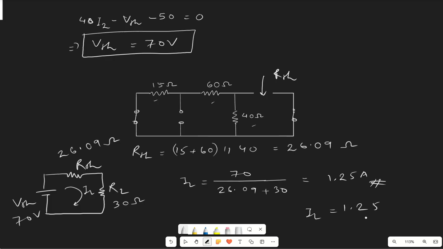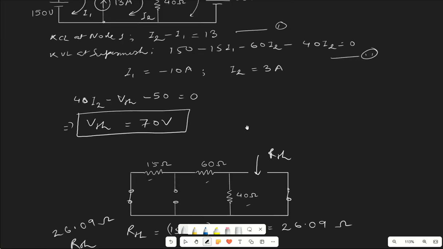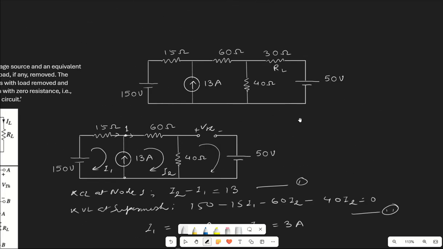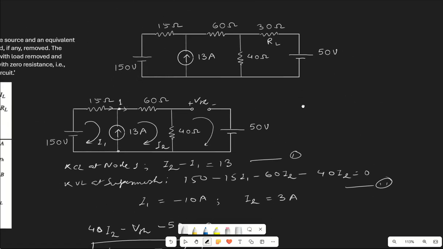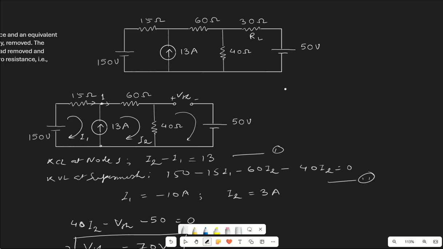So let us see whether the actual circuit, that is our first circuit, will give the same value of current or not. Instead of doing the solution, we can take help of simulations here. So let us do the simulation and see what the output will be.